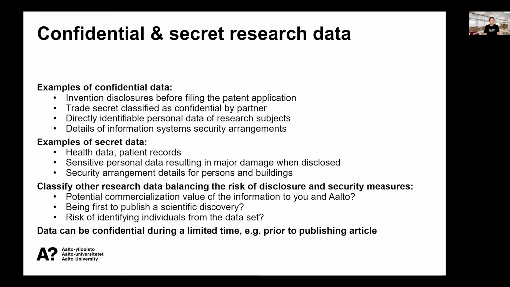But between confidential and secret, the question is very often about a kind of risk analysis. What is the risk of losing or leaking the data? And you can make your decisions on the classification based on that.